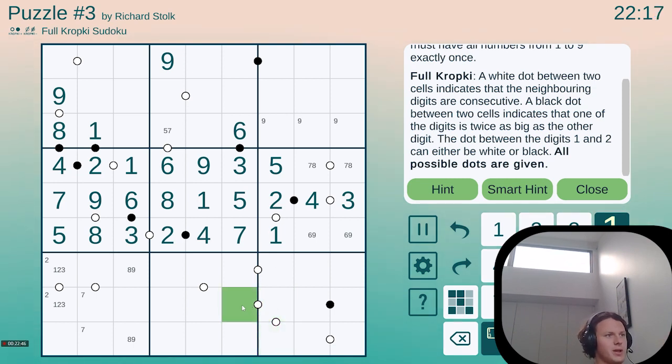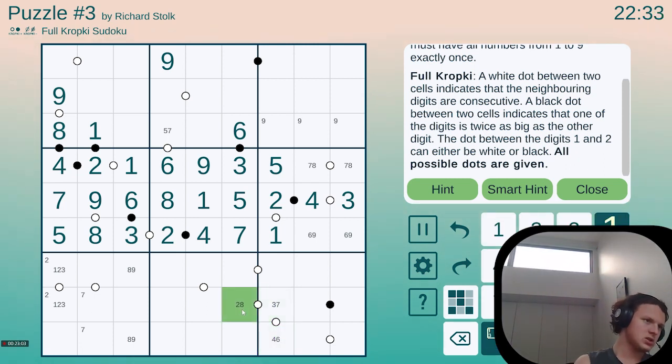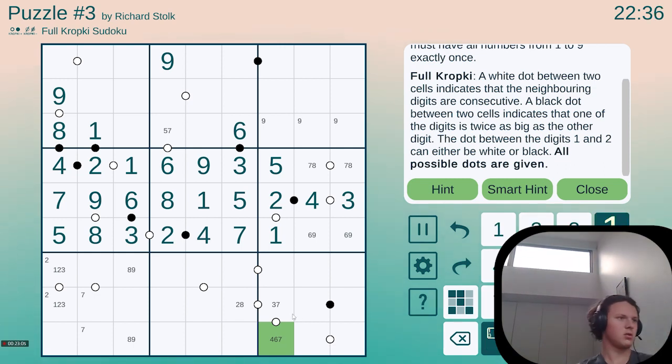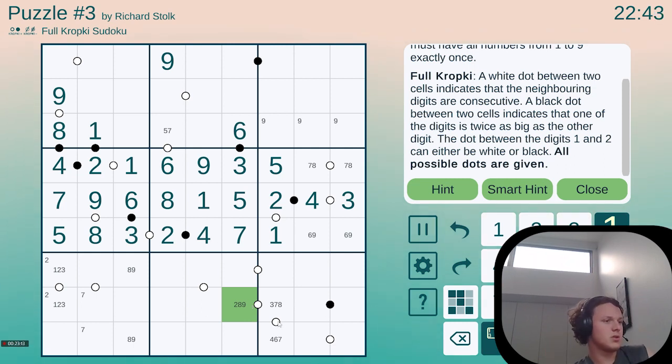So if we're going below 5, it has to be a 2, 3, 4. Now, above 5, if we start with a 6 and 7, it has to be here. So it can go 6, 7, 8, or 7, 8, 9. So those are our options here actually. So there's only 3 ways that this could pan out now, which is helpful.